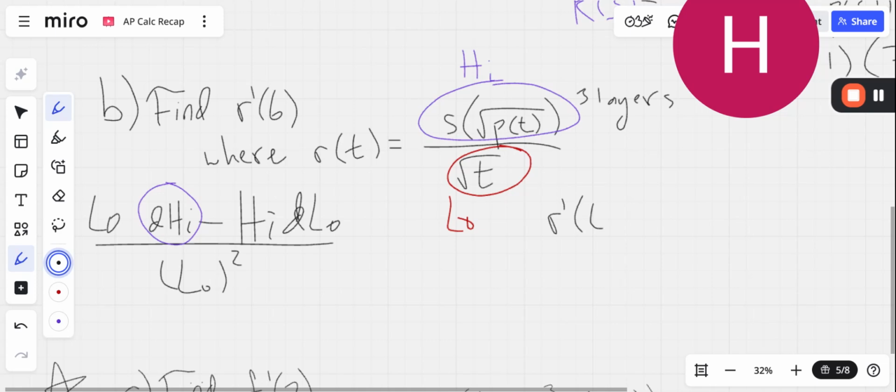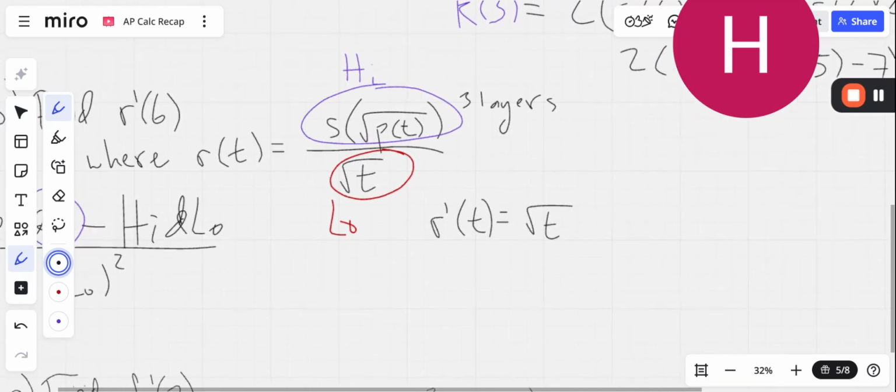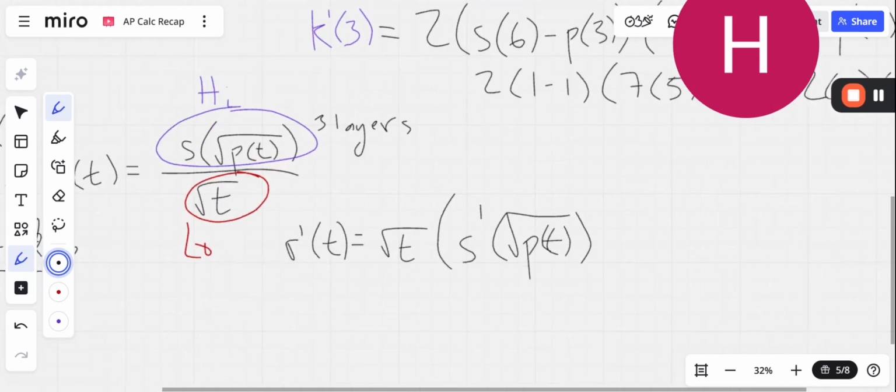Okay, let's start doing the derivative. R prime. Start off with the low, easy. D high, here we go. First we're going to do the derivative of S of the square root of p of t. And then I want to remember that p of t is being raised to the 1/2 power. That's what a square root really is.